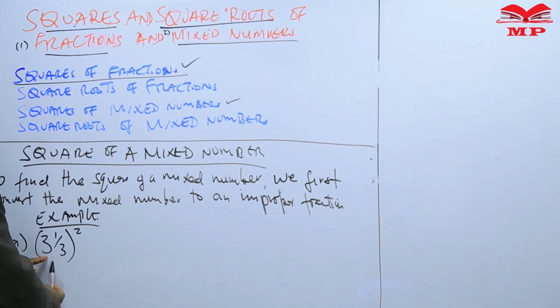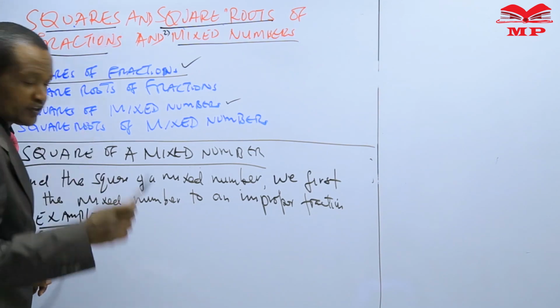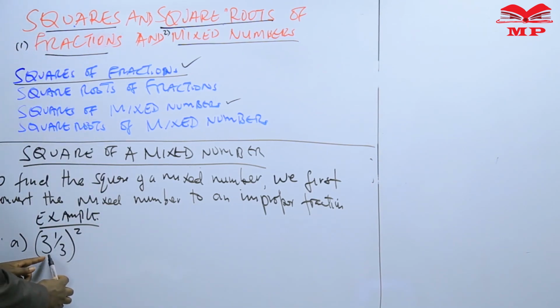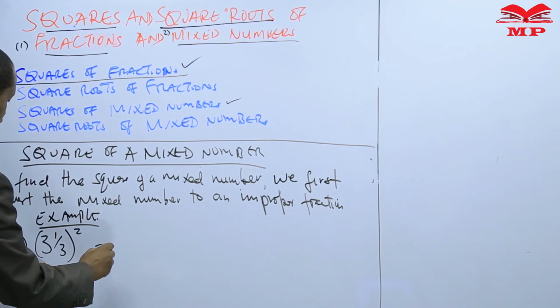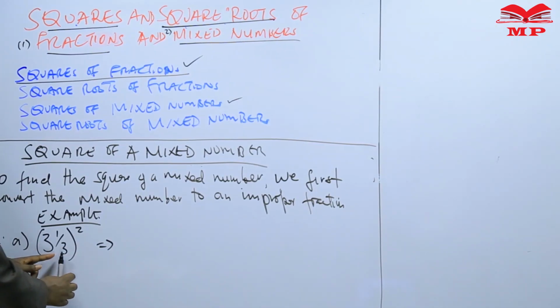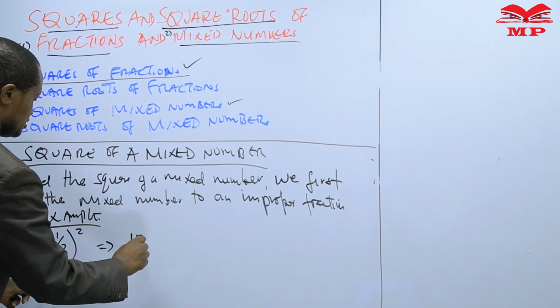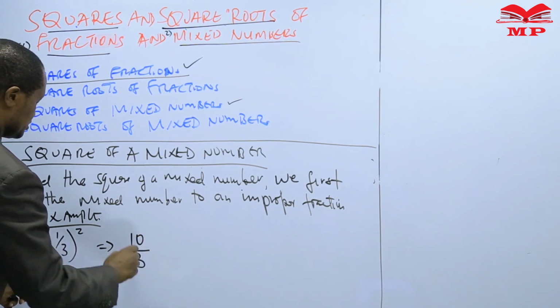For you to get the square of this mixed number, we first convert the mixed number to an improper fraction. And how do we do that? We take 3 times 3, which is 9, plus 1 gives us 10 over 3.